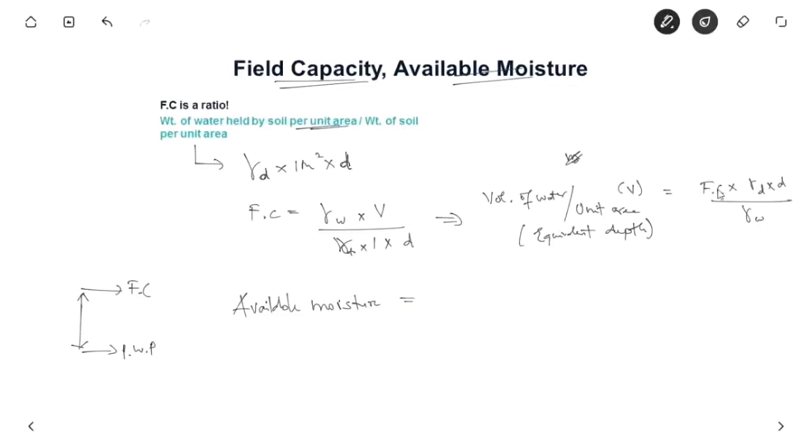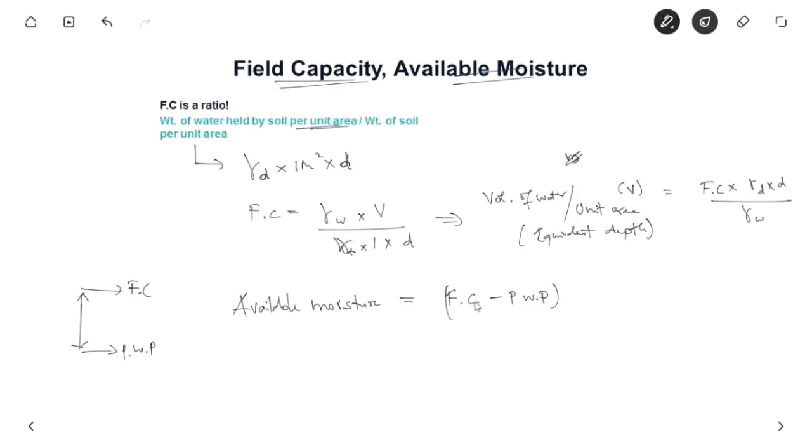So available moisture is equal to field capacity. We know the volume of water is this much. So permanent wilting point, if we substitute the values, we get the available moisture as the difference of those two: FC minus permanent wilting point.